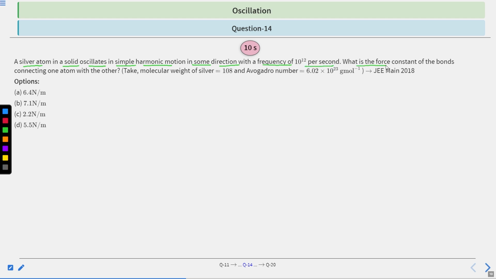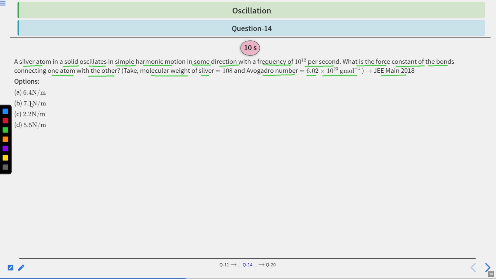What is the force constant of the bonds connecting one atom with the other? Take the molecular weight of silver as 108 and Avogadro number as 6.02 into 10 raised to the power 23 per mole. This is a JEE Main 2018 question.